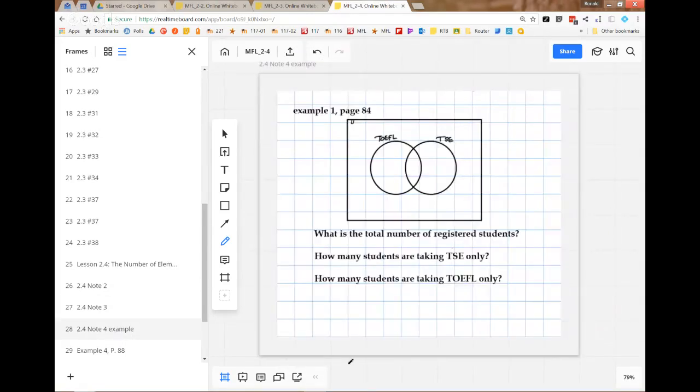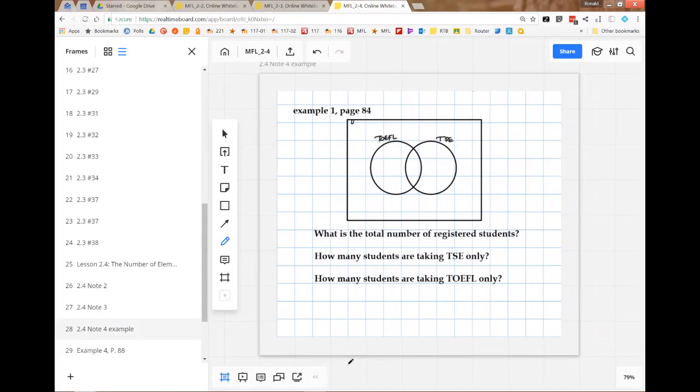If you have your books handy, open them up to page 84. Look to the very bottom of page 84. You see where it says example 1?